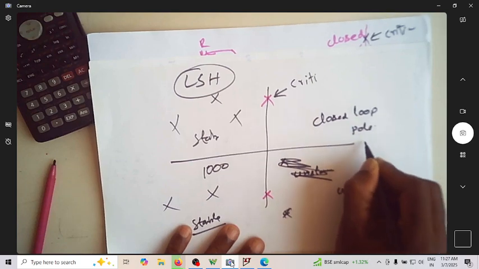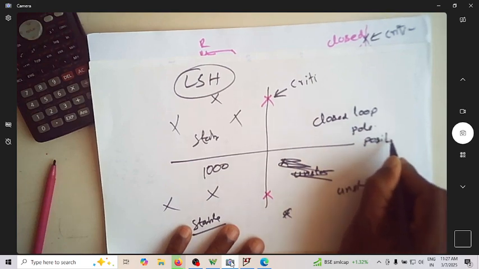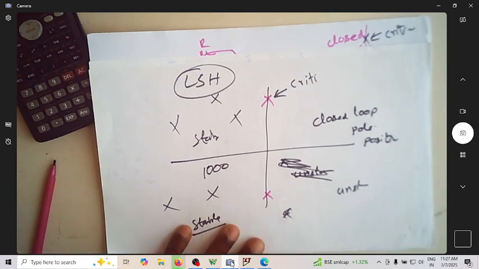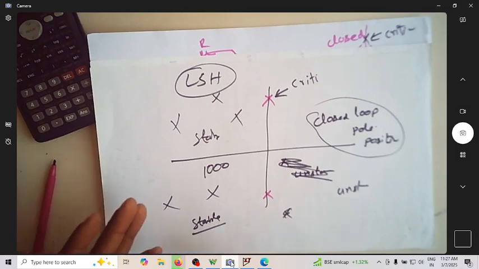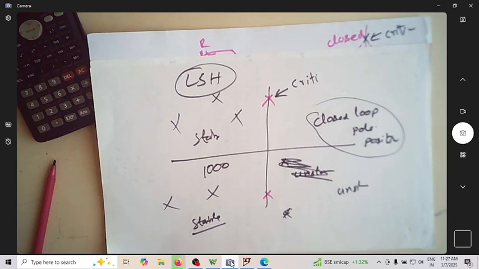That's why we are looking at whether the addition of a pole or a zero, or changing the value of gain, changes your closed loop pole position. We are so worried about where it is going, whether it is coming onto the right hand side, left hand side, or going towards infinity.